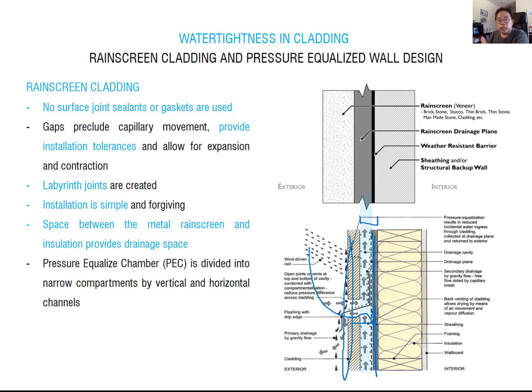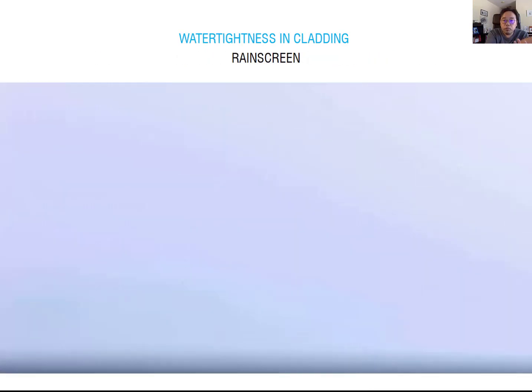The last thing I want to bring in is a video. To protect against water, we have to consider lots of elements such as the joint type, waterproofing membrane, and cladding type. This video represents the RAINSCREEN design very well.